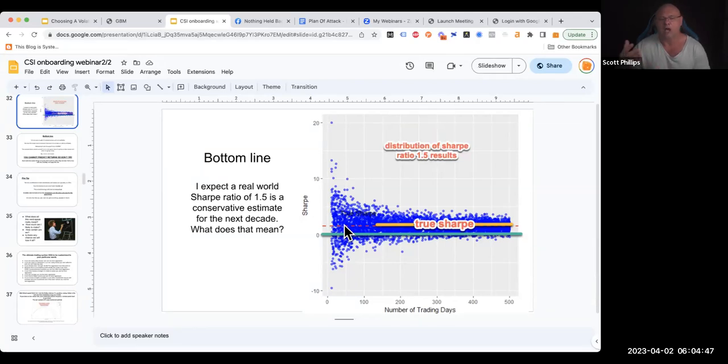Now, a Sharpe ratio of 1 means that you have, for example, 20% annual returns with 20% annual volatility. 10% annual returns with 10% annualized volatility is also a Sharpe ratio of 1. 40% returns on average with a 40% annualized volatility is also a Sharpe ratio of 1.